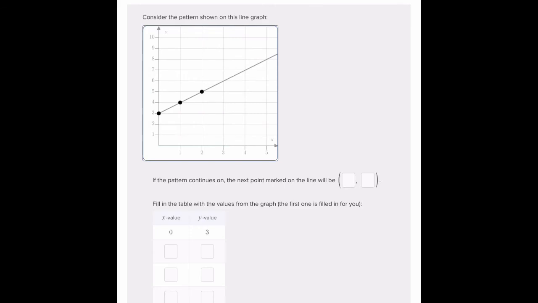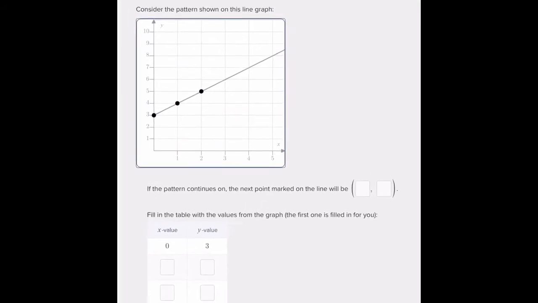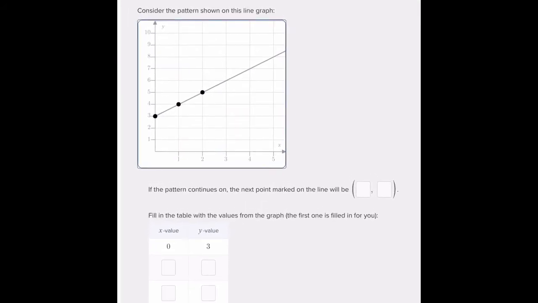In the final problem, we're going to use a graph to make a table and then find out what the rule is. So here's our graph, and it's asking us if the pattern continues in the graph, the next point marked on the line will be what?